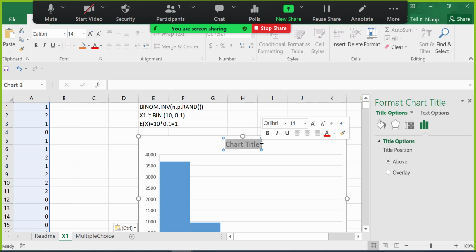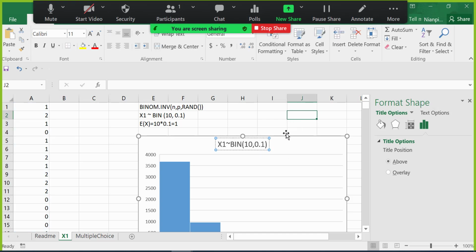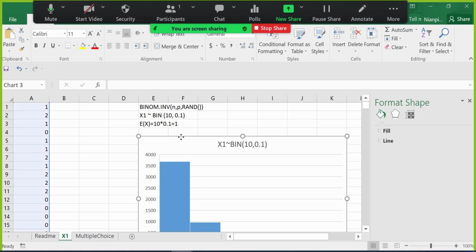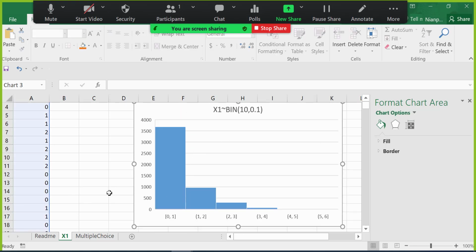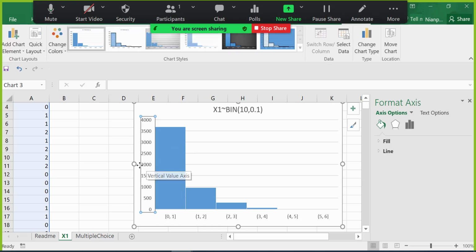I just type in x1 follows binomial distribution, which is 10, 0.1. So you know what's the meaning here. This bar shows the frequency. We can either use relative frequency or density, so we change this to relative frequency.